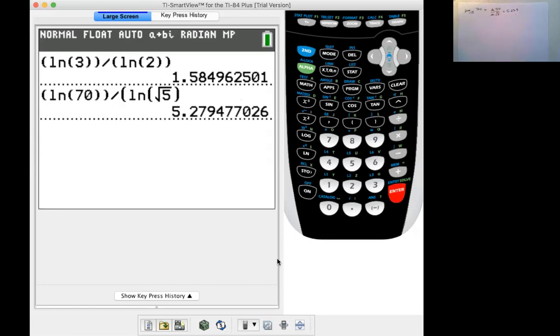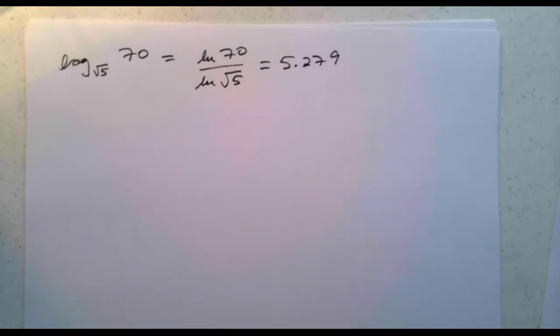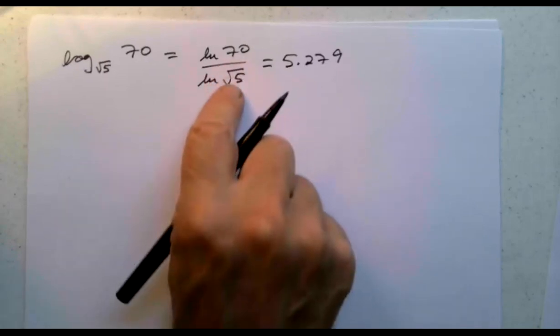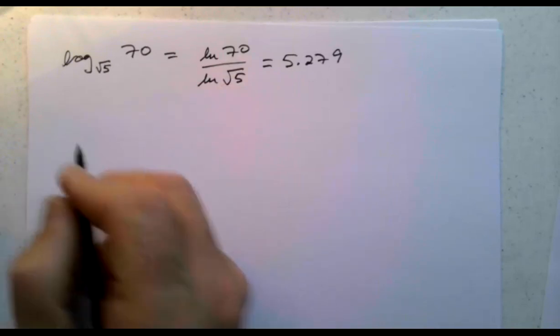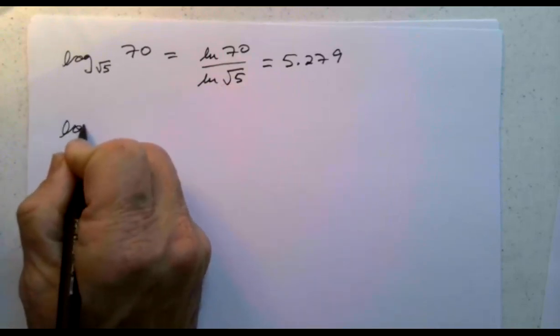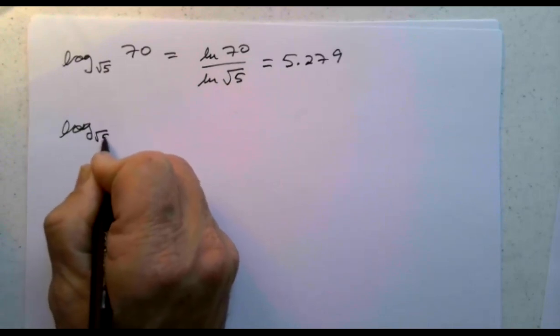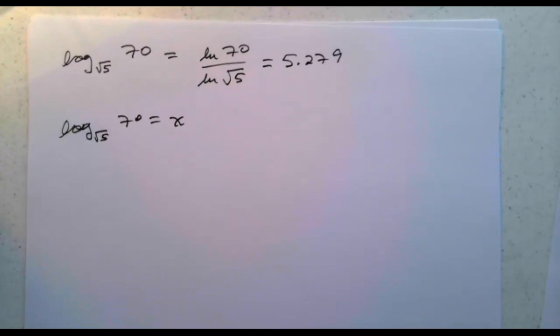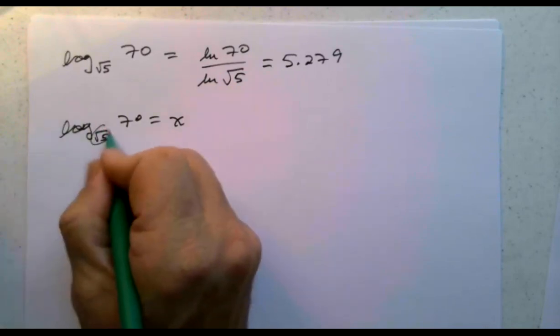Now let's try it in a more algebraic fashion and see if we get the same thing. So that was playing with the change of base theorem. What I have again is log base root 5 of 70 equals x. So the base is root 5, the exponent is x.